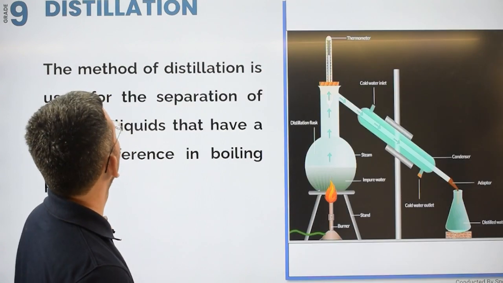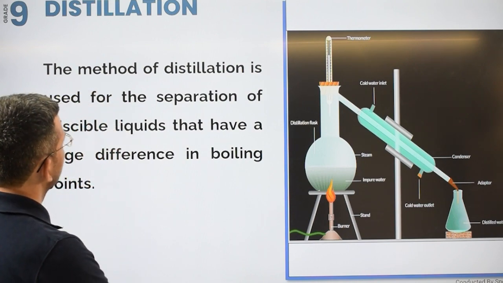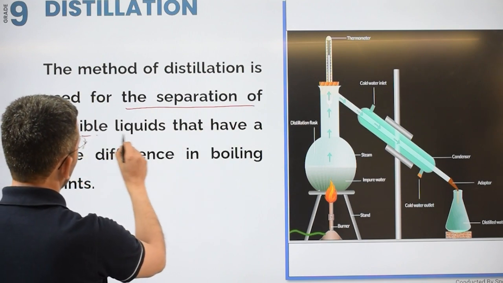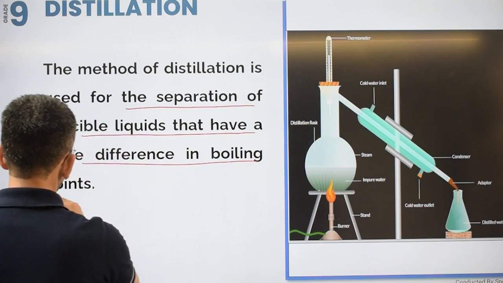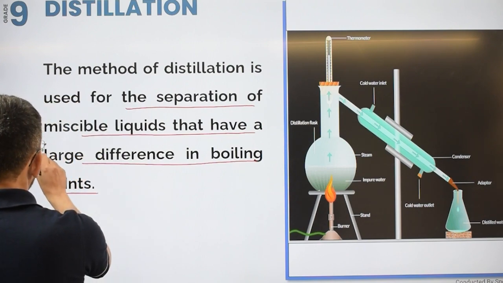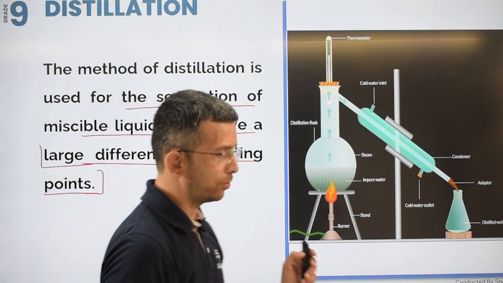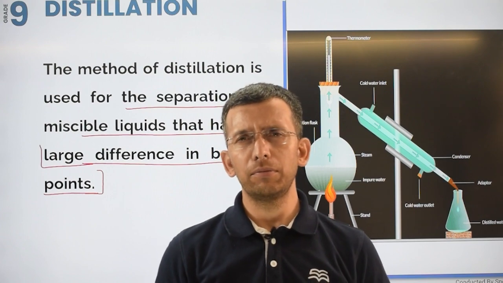The next method is very important, that is my distillation method. The method of distillation is used for the separation of miscible liquids that have a large difference in their boiling points. This is the real principle, the ultimate goal of my distillation method.